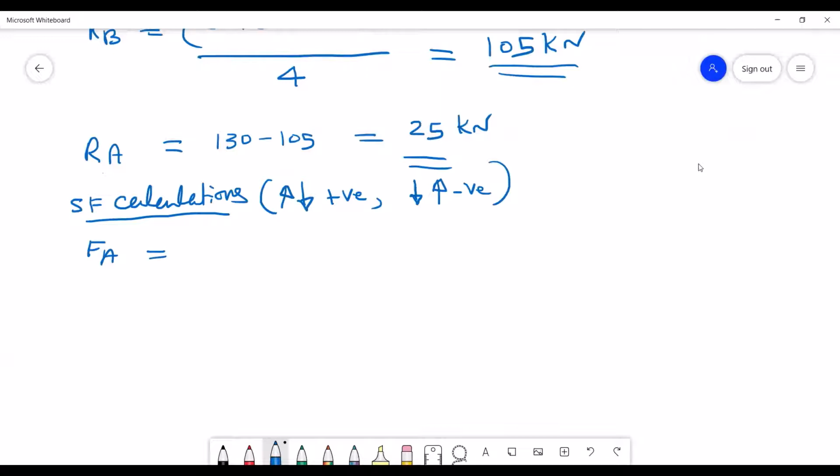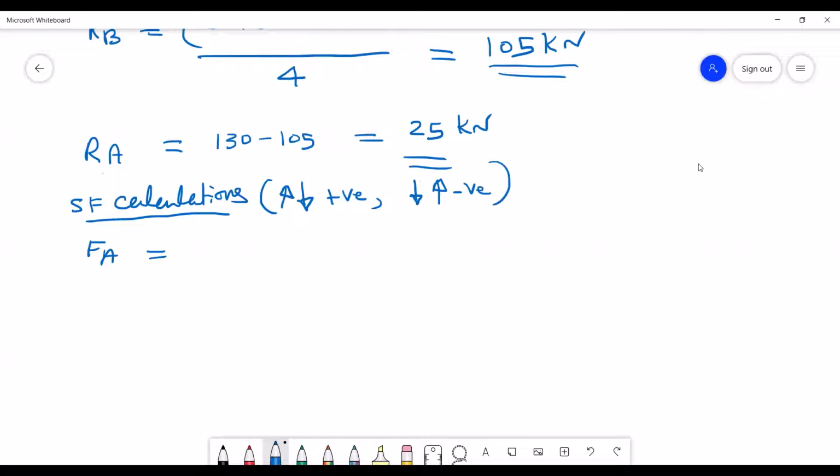Here we have a force of 25 kilonewton when we consider the section at the right side of FA. How to take the section and find the shear force, I have explained very well in my previous 2 videos, one on the simply supported beam and the other on the cantilever beam.